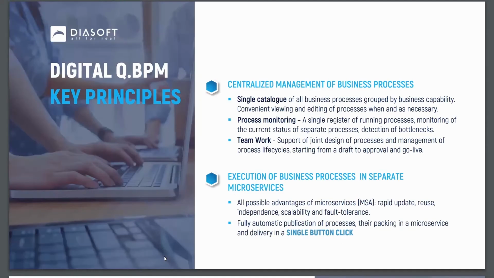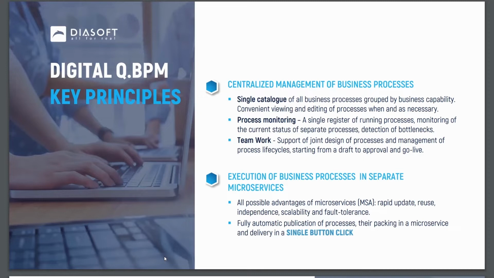The two basic principles used in our business process management system are the centralized management of business processes and the decentralized execution of business processes in separate microservices. Execution of business processes in separate microservices allows us to leverage the benefits of the microservice architecture.